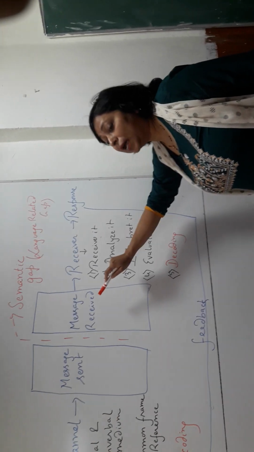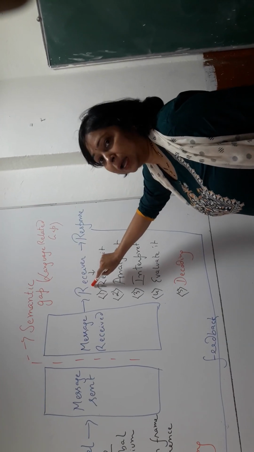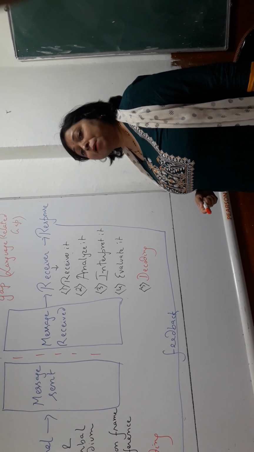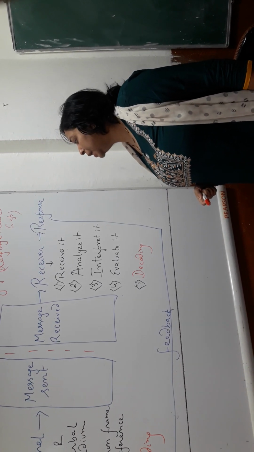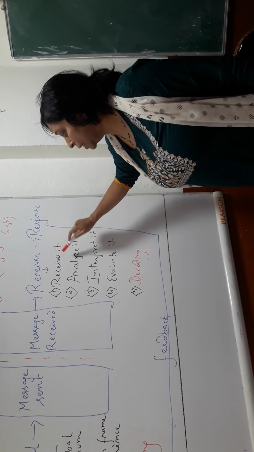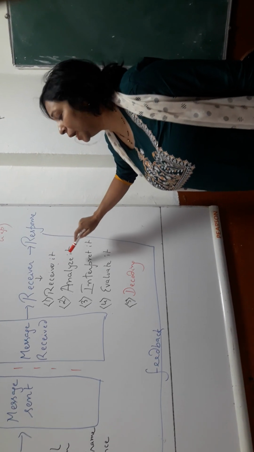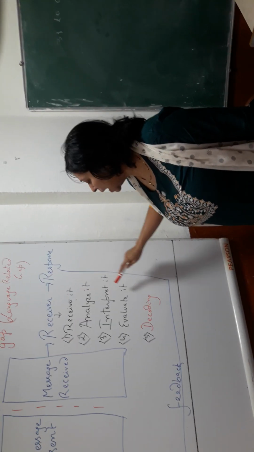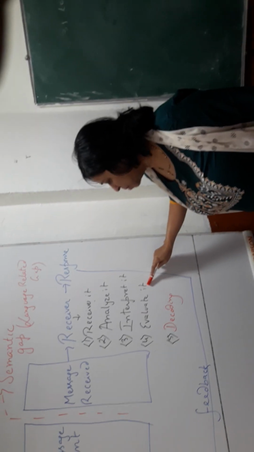Now the question is, who has received the message? The receiver has received the message. Whenever the receiver has received the message, he has to go through a process: he has to receive the message, analyze the message, interpret the message and evaluate the message.